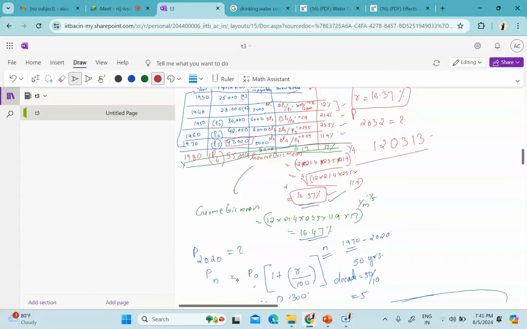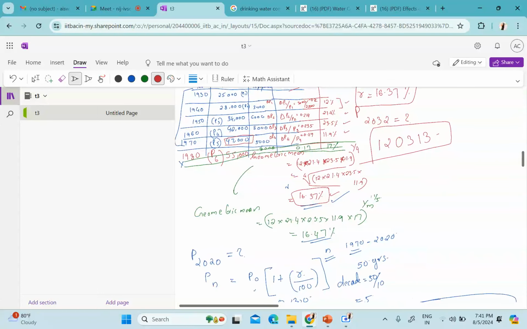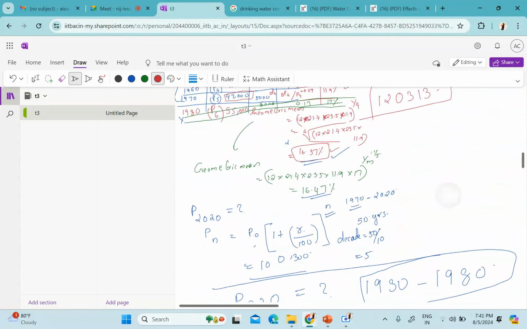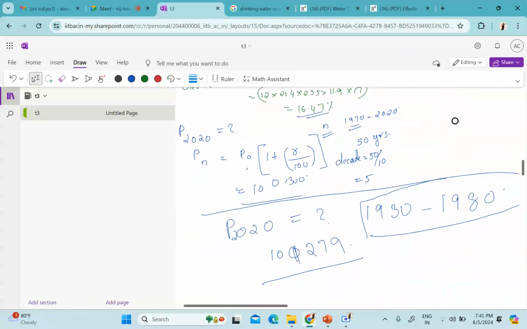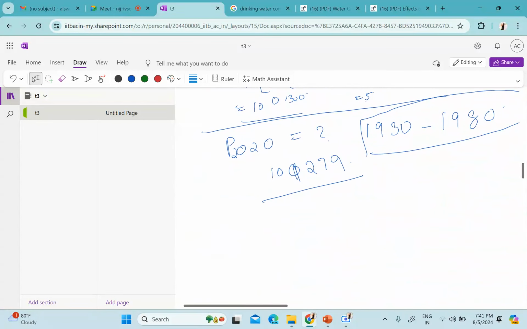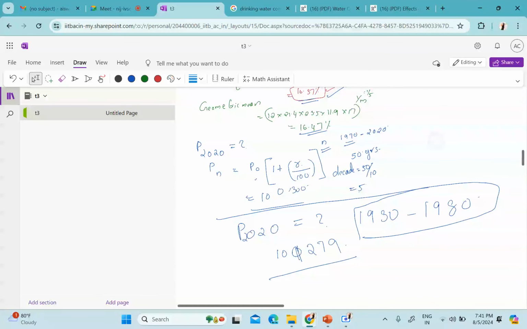20,313. Okay, I think now this type is also clear, right? Got it thoroughly? Everyone, hopefully everyone got this from two problems. Anybody has any doubt in this? Okay.